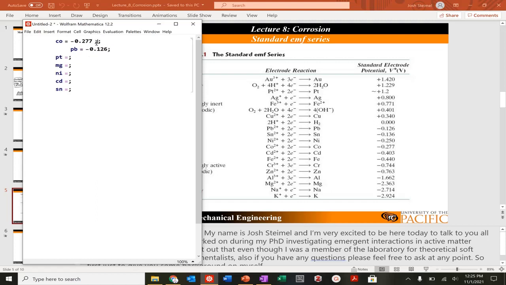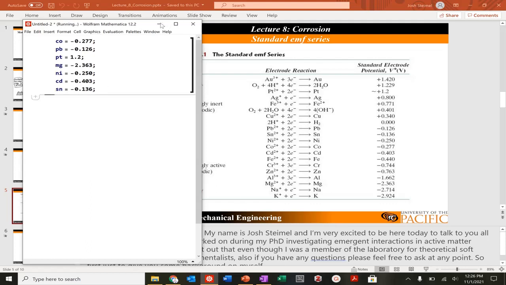My Pt is equal to 1.2. My Mg is going to be very negative because it's not very electronegative, minus 2.363, it wants to give up electrons. My nickel, minus 0.250. And then Cd, cadmium, minus 0.403. And then finally my tin is equal to minus 0.136.